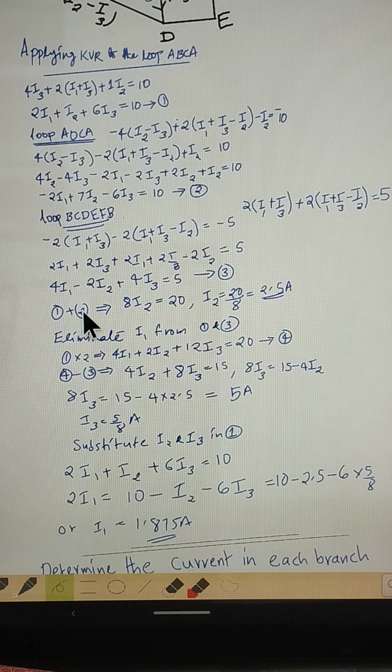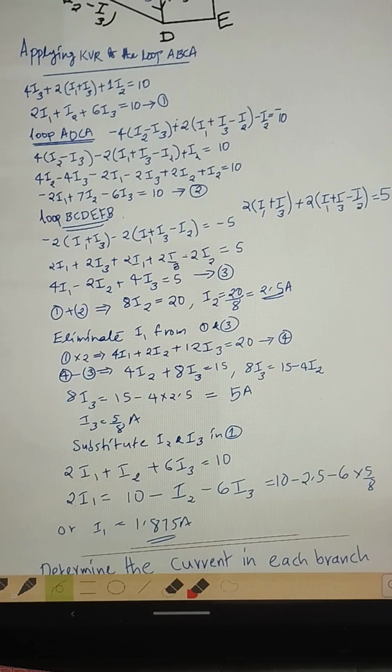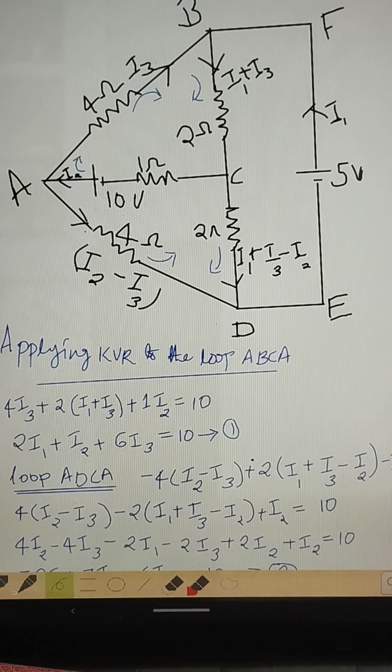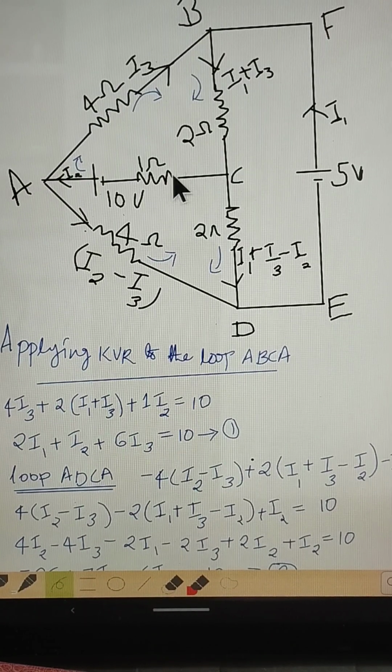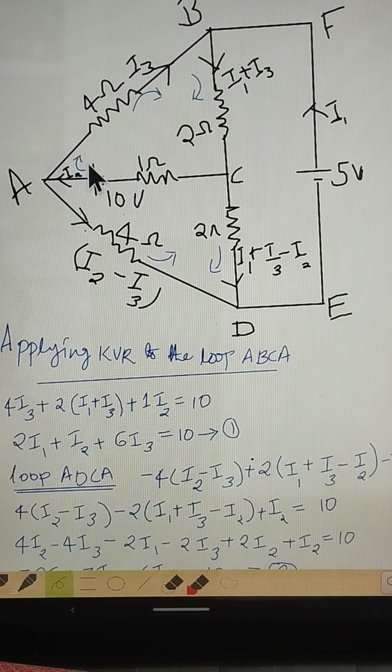So I2 plus 7I2, that is 8I2, is equal to 10 plus 10, that is 20. So the value of I2 can be calculated: 20 by 8, that is 2.5 ampere. So we calculated this current I2, which is labeled as I2. I2 is 2.5 ampere.